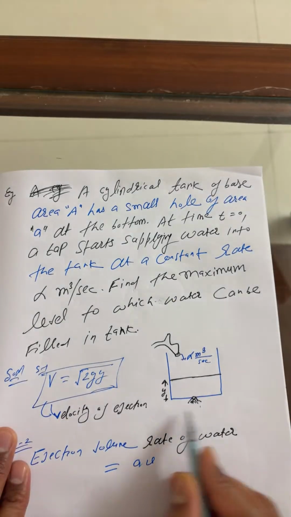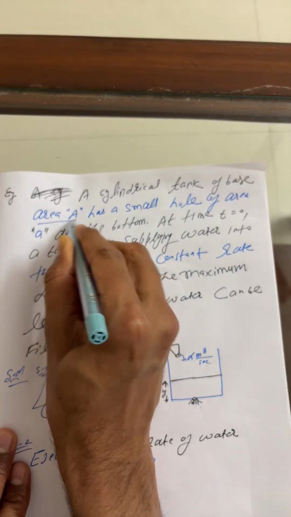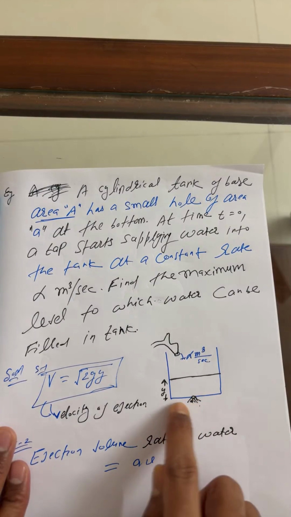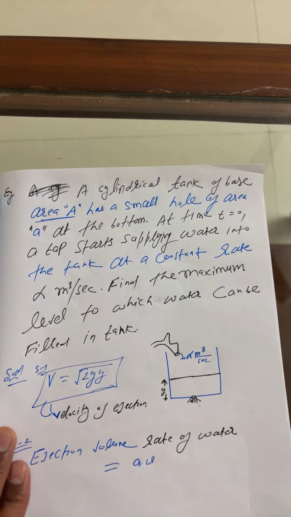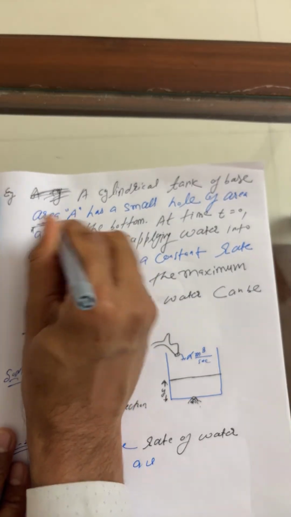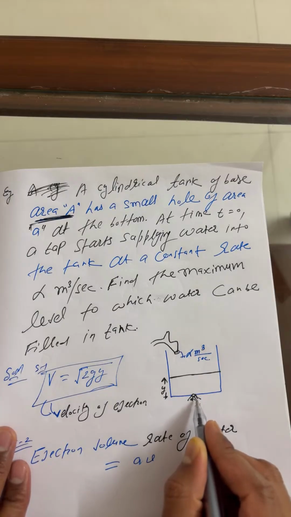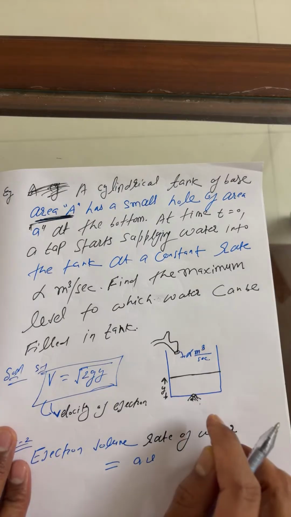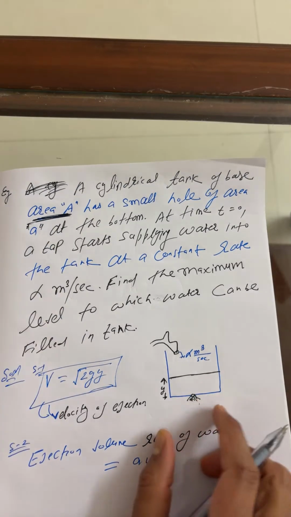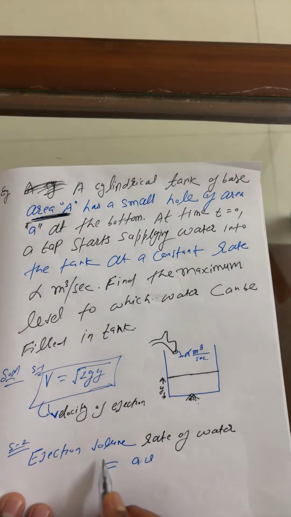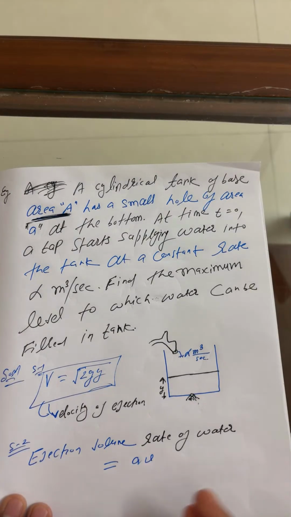Cylindrical tank, base area is capital A, and the small hole at the bottom of the tank is small a. So the ejection volume rate, A1 V1, you can use A into V, students.